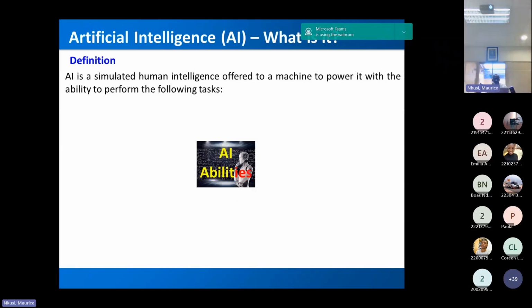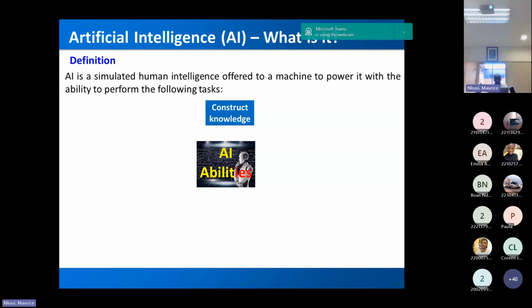But the abilities of artificial intelligence, based on what humans are powering machines, one of the abilities is to construct knowledge. Constructing knowledge is based on the information you are receiving.